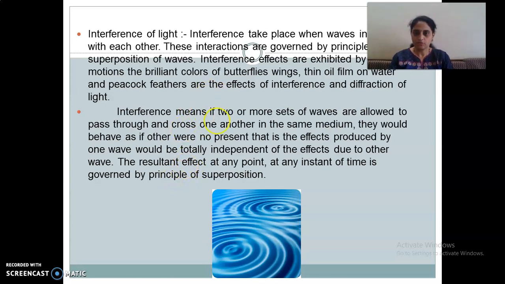In this principle of superposition, look at this figure. Here, waves on the water surface. Two drops are there. Waves which are formed interfere with each other.